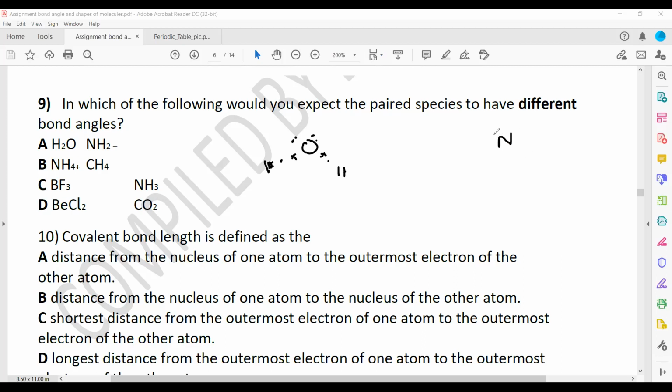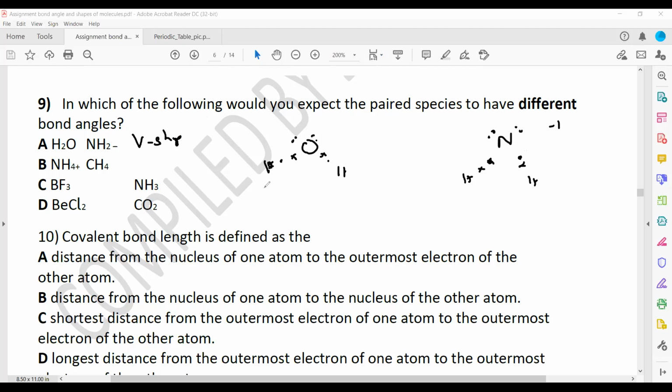Nitrogen has 5 electrons, but charge -1 means it gained one extra electron, so it's the same as oxygen. So this is the structure for NH2-. They have the same number of bond pairs and lone pairs, so they have the same geometry, which is a V shape or a bent structure.